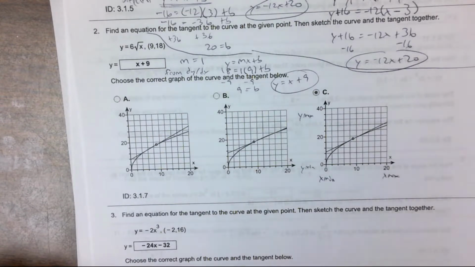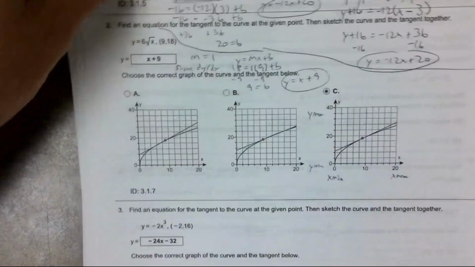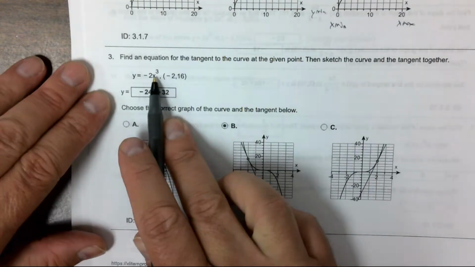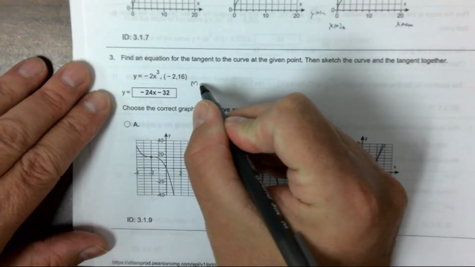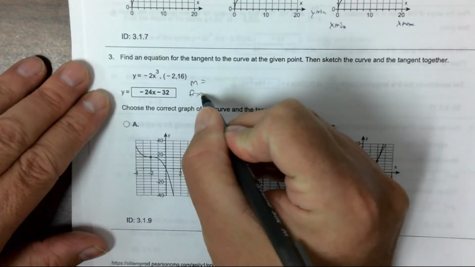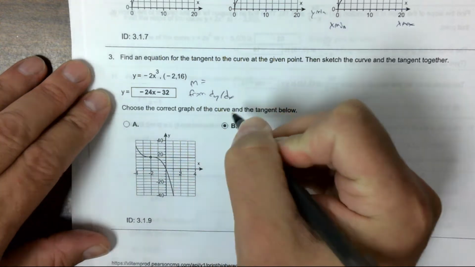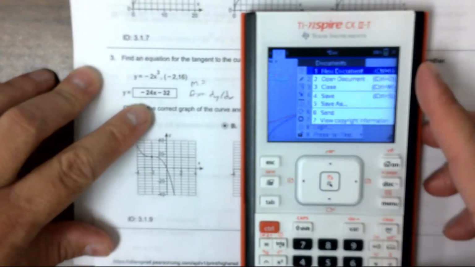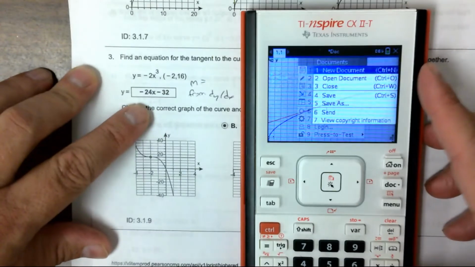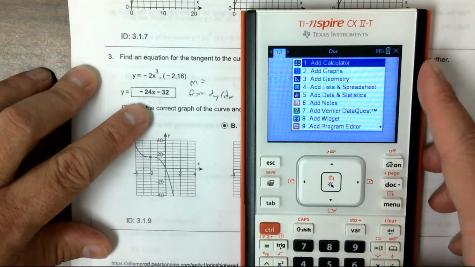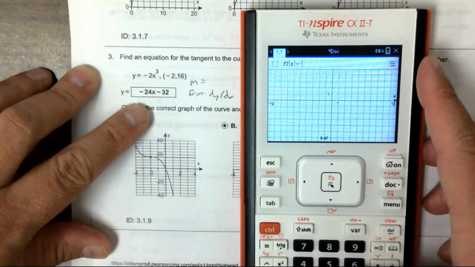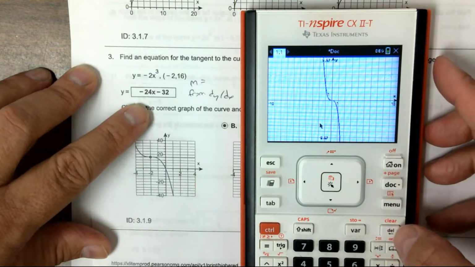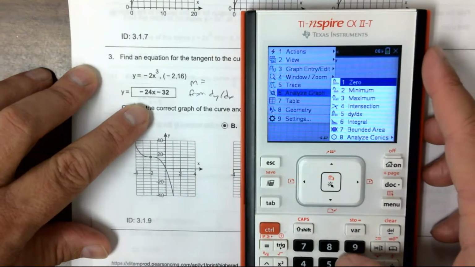Okay. So now for our next one, we've got negative 2x cubed, and so then we get our slope from dy dx. Menu, analyze, dy dx.